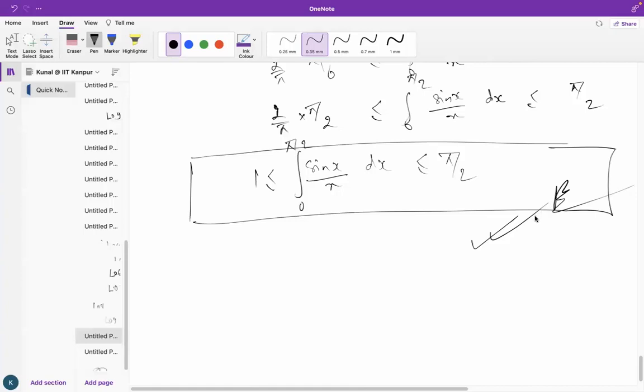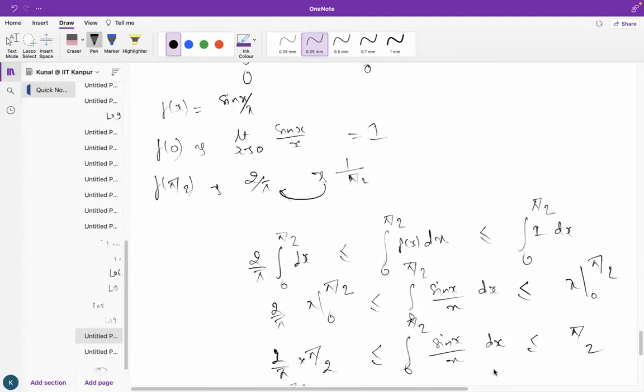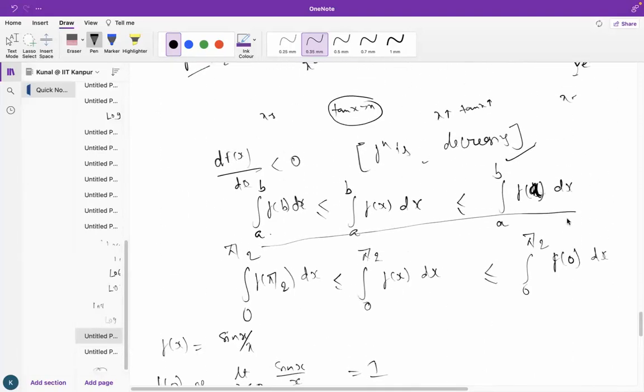Okay, so that's all for today, guys. In tomorrow's lecture, we are going to prove some more proofs and estimate more problems, because today was the theory-based class, right? We actually saw only one implementation here, how to prove it when the function is decreasing.